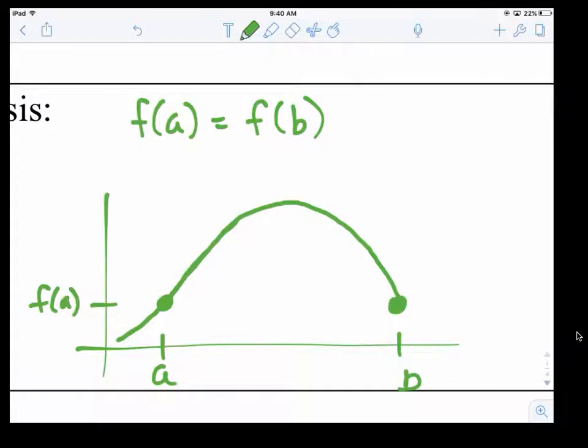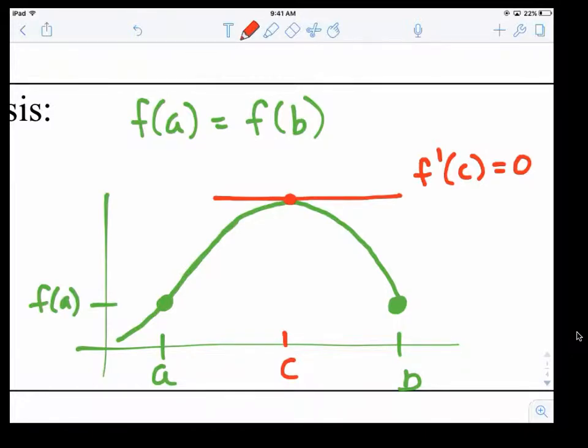So whenever it changes direction, which would be that point right there, that is where you have a horizontal tangent, and this is where your derivative would be 0. So there's got to be some point in between the two where you change direction and you start going down.